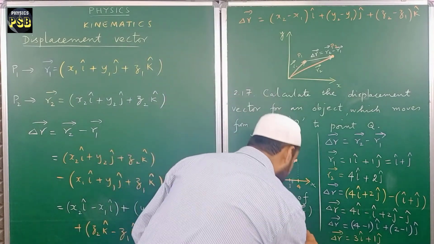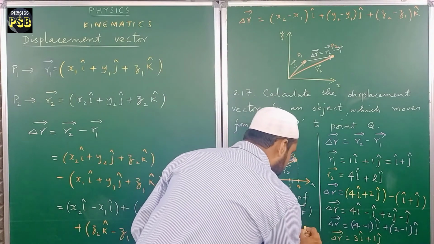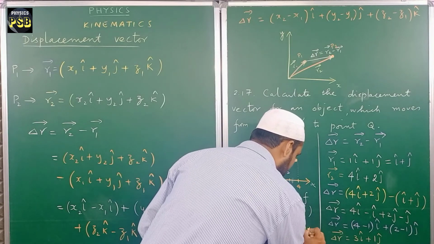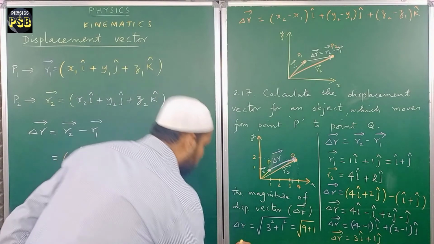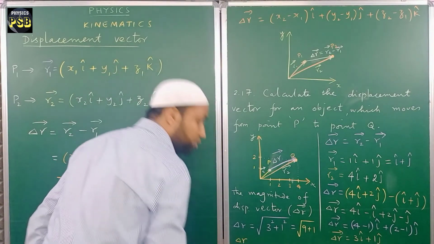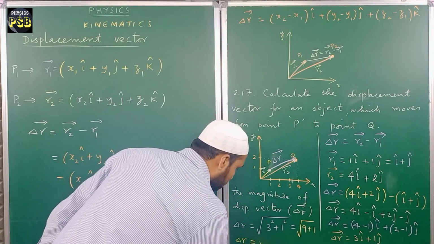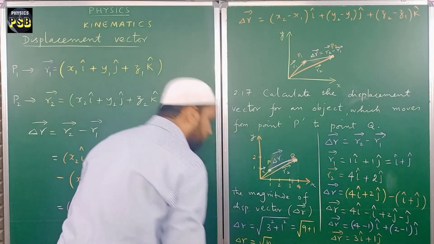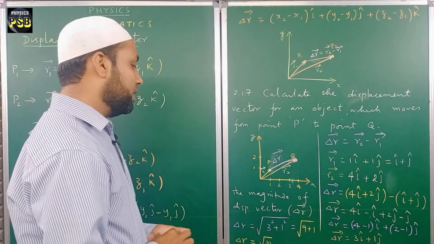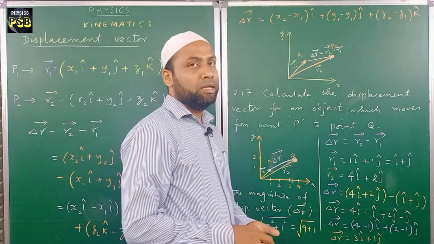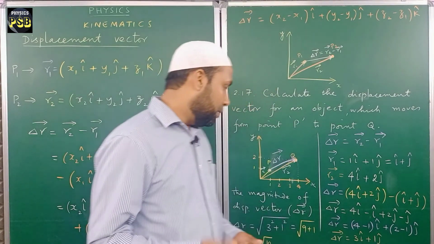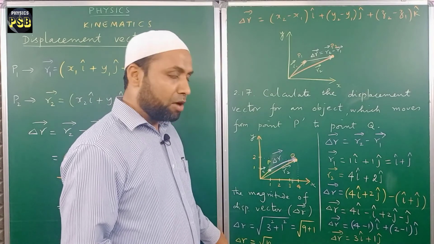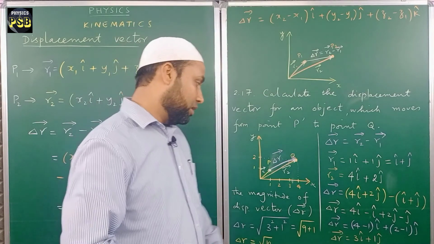Okay, let's see what I get. On squaring 3 I get 9, on squaring 1 I get 1. So 9 plus 1 is 10. So the magnitude of the displacement vector delta R is nothing but root 10. So this is how one can easily obtain the displacement vector of a given object, and with the help of that its magnitude can be obtained by following this method.